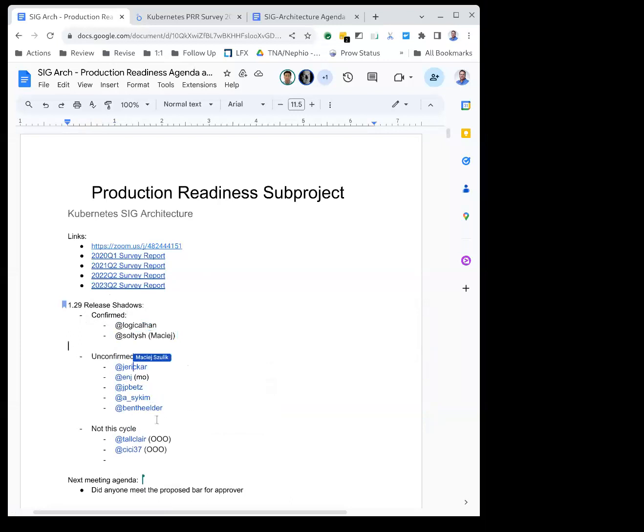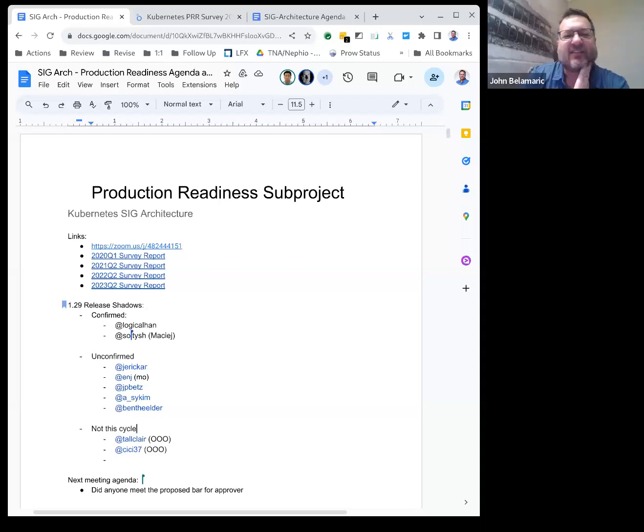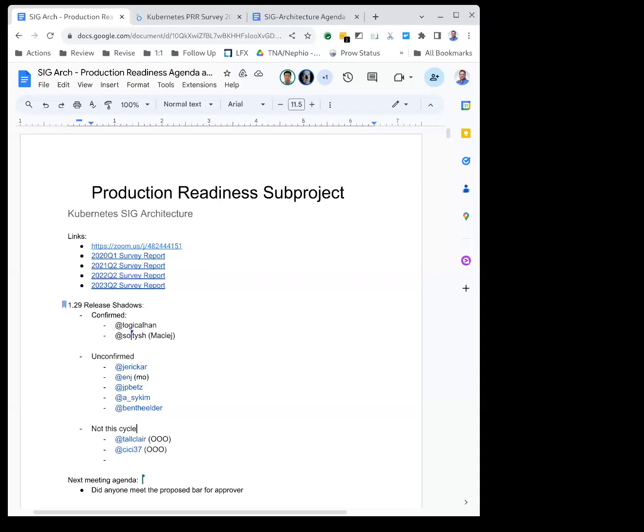Just pointing out, our conversion rate of shadow to approver is maybe... It's 0 right now, David. It is. I will admit that I need to go back and refresh that PR, but I had hoped that creating the approval list would help us get there.